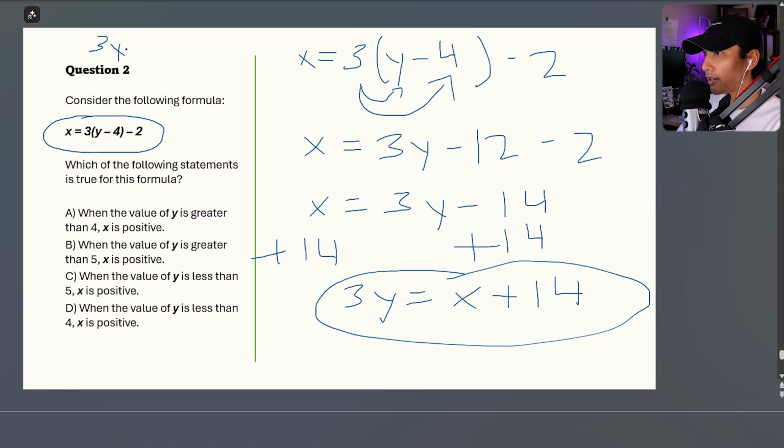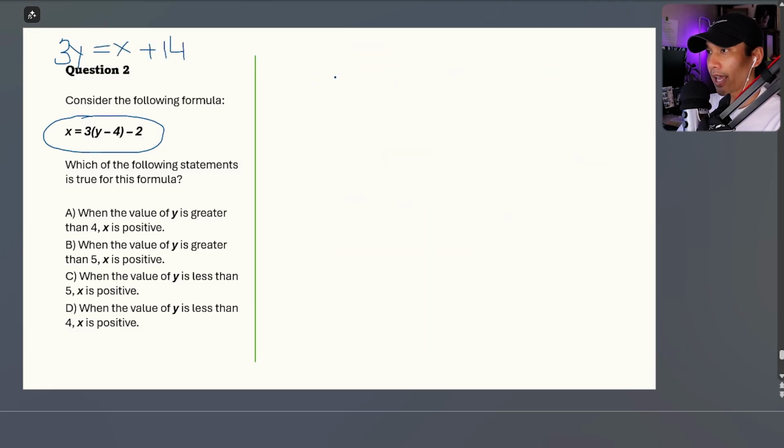And let's go ahead and solve to get our x and y intercepts. Remember, to get your y-intercept, you're going to set x to 0. So 3y equals 0 plus 14.